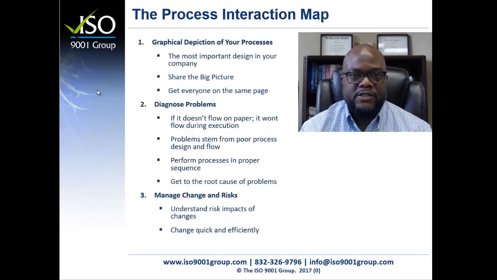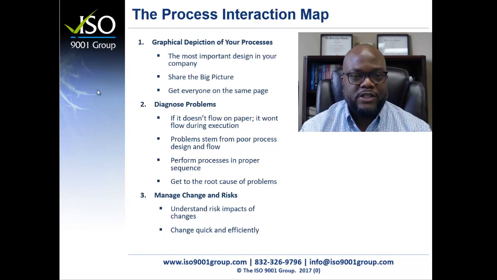It pretty much provides the foundation for all of the activities in your company. So maybe you think your product design is one of the most important designs in your organization. And I would challenge that and say that your process interaction map, the design of your processes, is indeed the most important design in your organization.